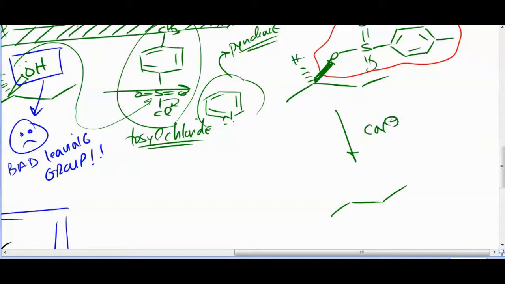So this guy comes in here like that, and he does a backside attack and kicks out this guy. He does an SN2. Now this guy is going to take the wedge, and this hydrogen will take the dash. Well, actually, no. The hydrogen will take the wedge, and this will take the dash.